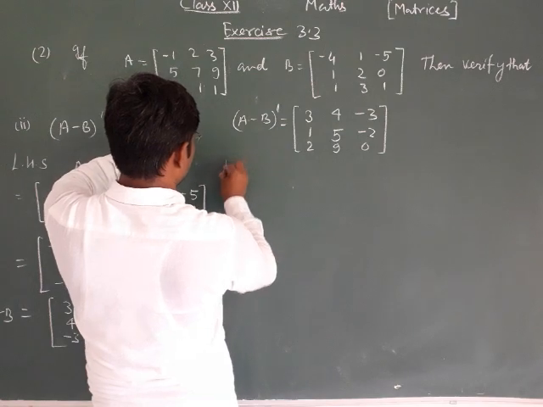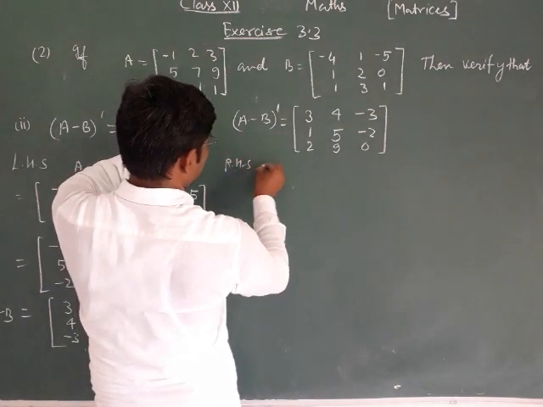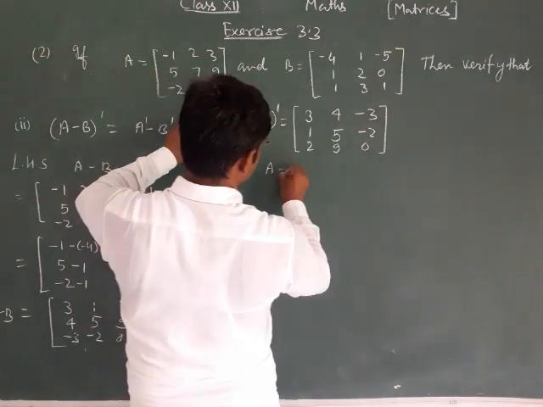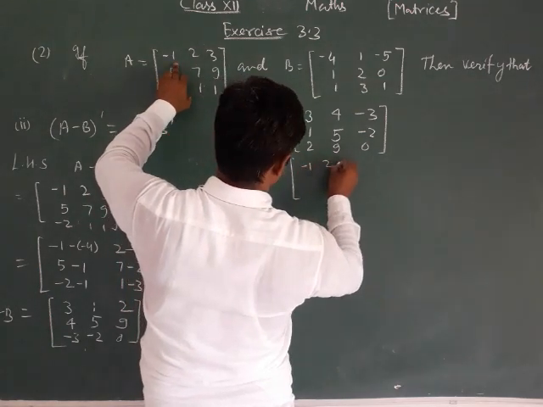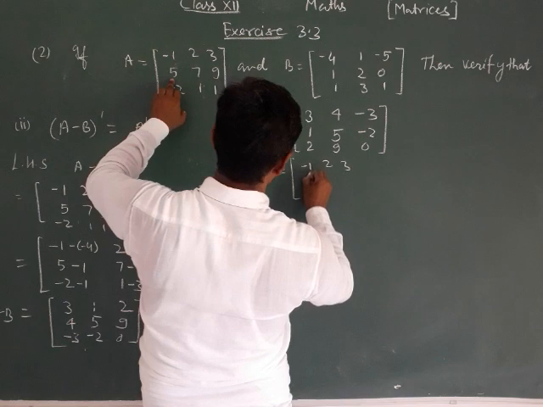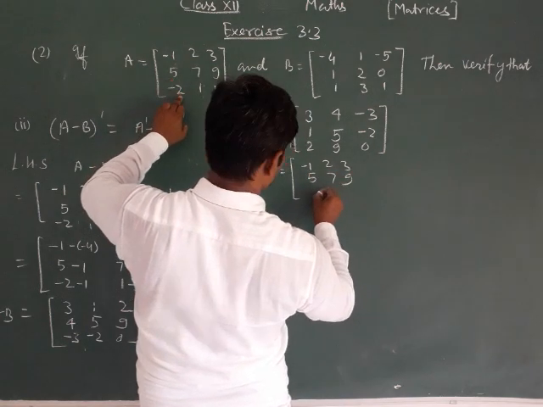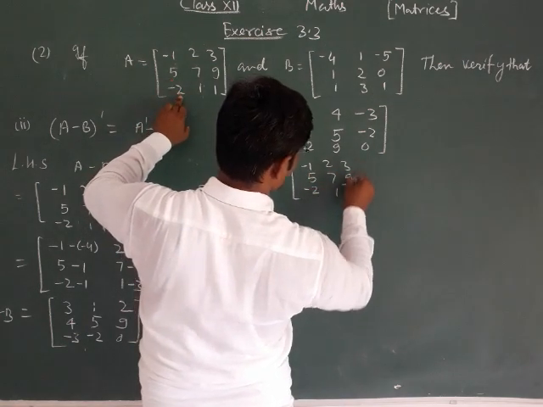So also taking RHS, so A is equal to given matrix minus 1 2 3 and 5 7 9 minus 2 1 1.